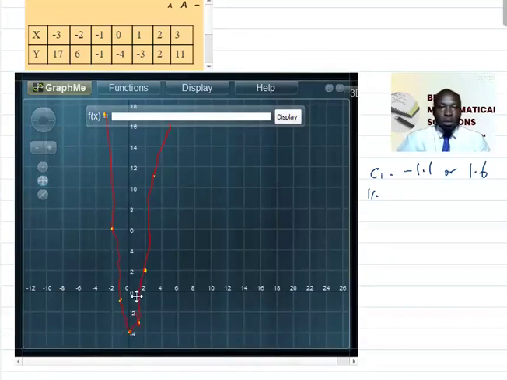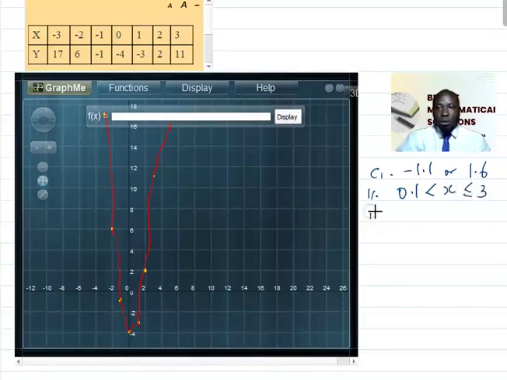Our solution began here, it was decreasing, but at this point it begins to increase. So what are the values of x from this point? That is from 0 here. So it ranges from 0.1, because just after 0 we have 0.1, to the last number that we have here, which is 3. So it is 0 less than x less than or equal to 3.